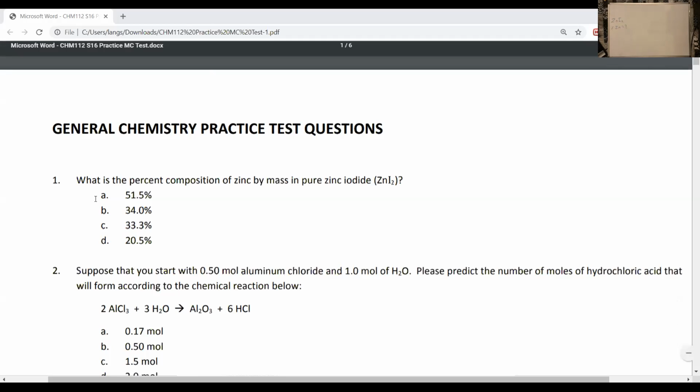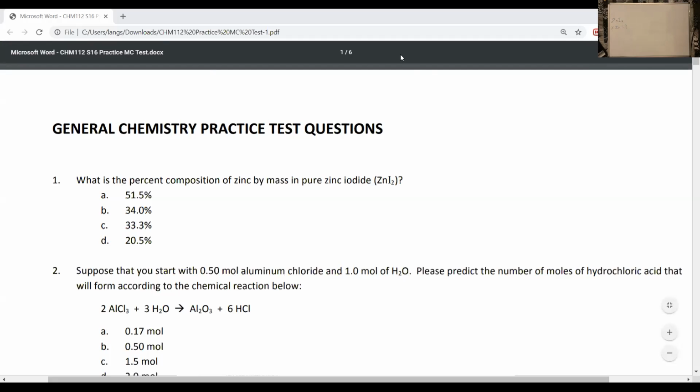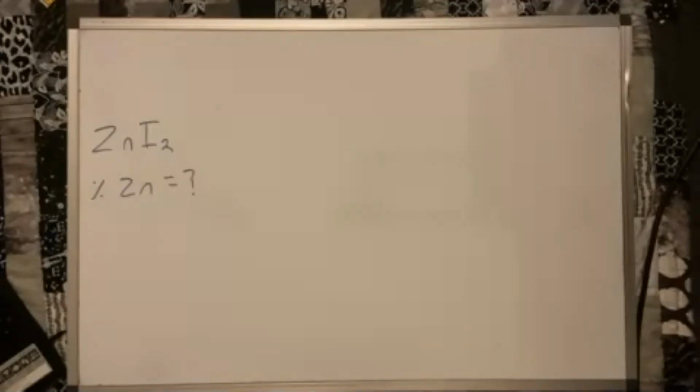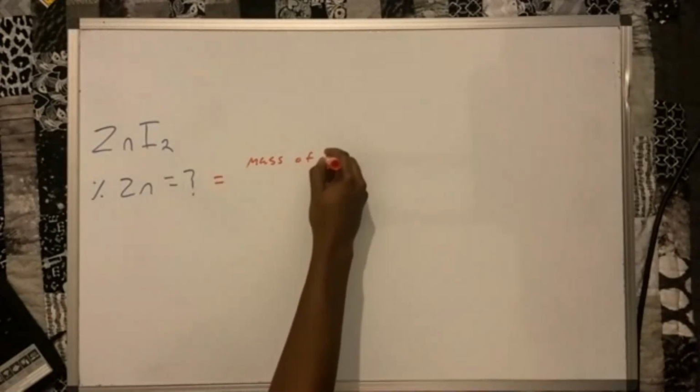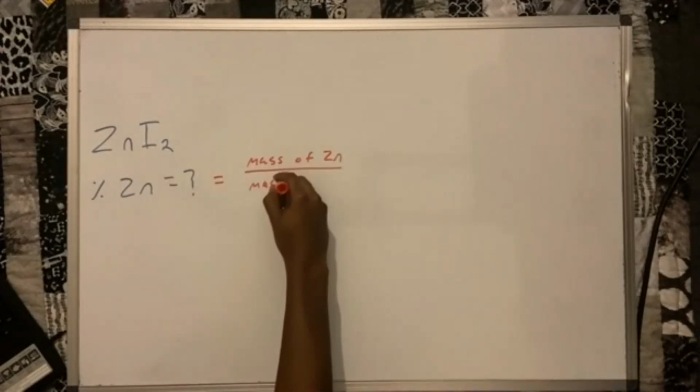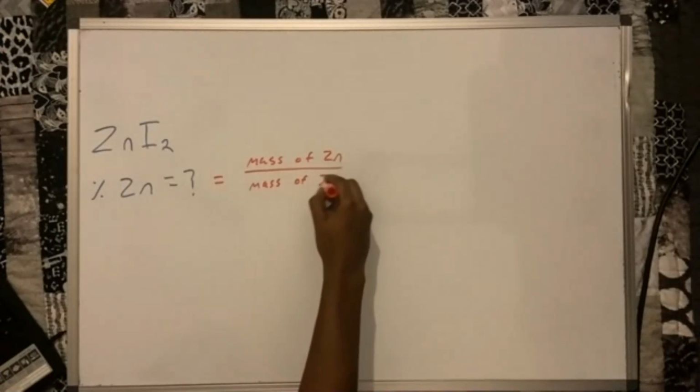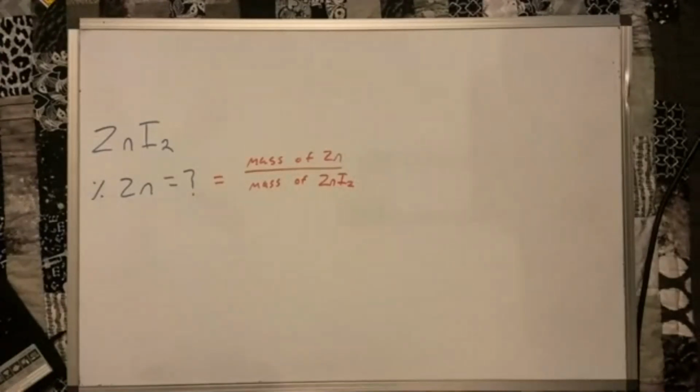Right. Okay. So it's not too bad. Percent composition is, we want to figure out the mass of zinc over the mass of ZnI2.